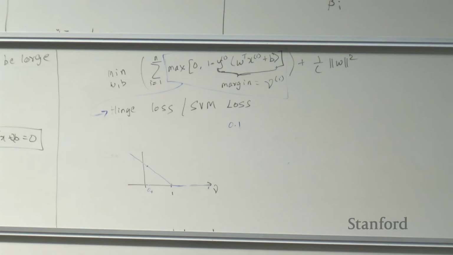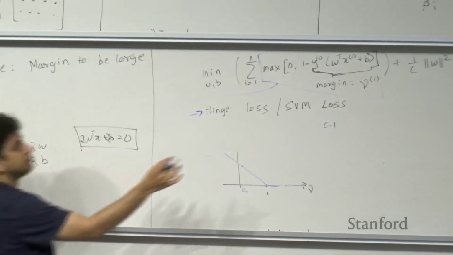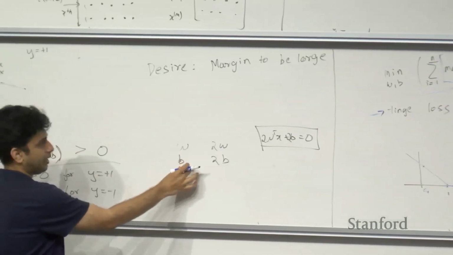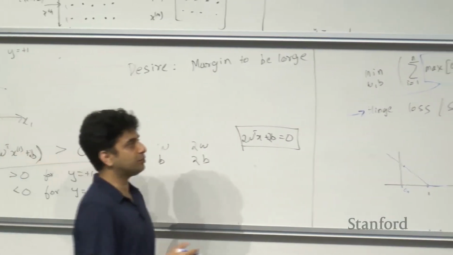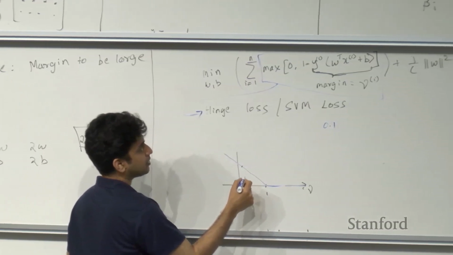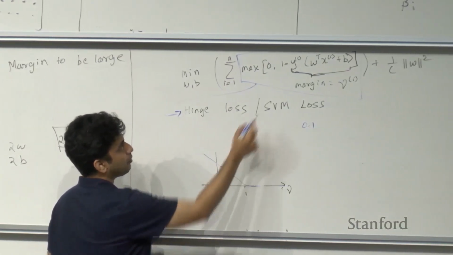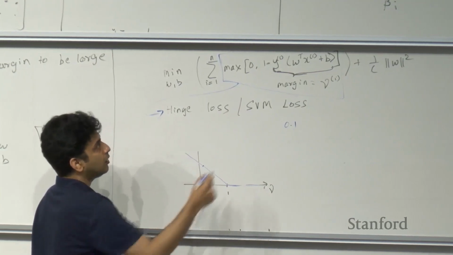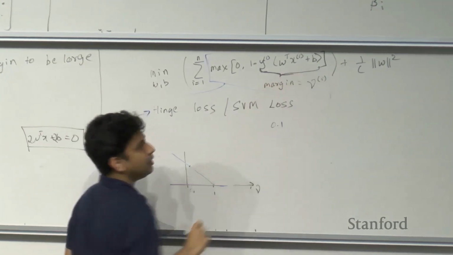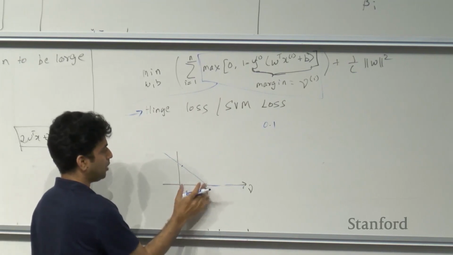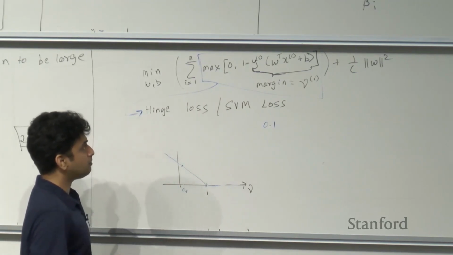this functional margin is vulnerable to this kind of scaling, where once the algorithm finds a w and b such that w transpose x plus b is 0.1, it could just scale up w and b further to increase the margin to go greater than 1.